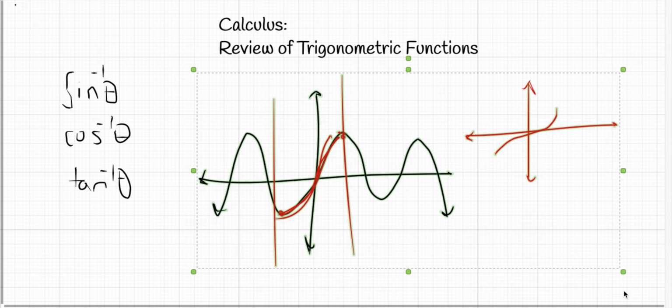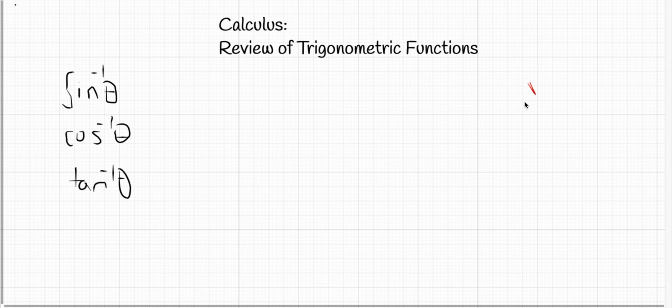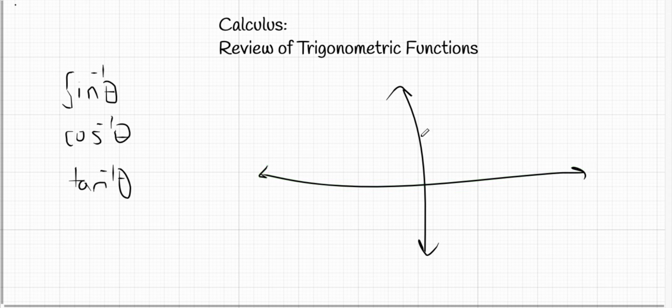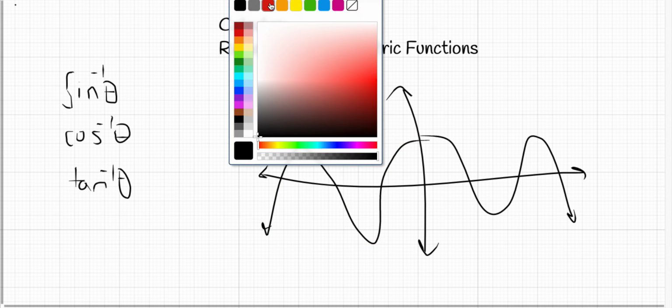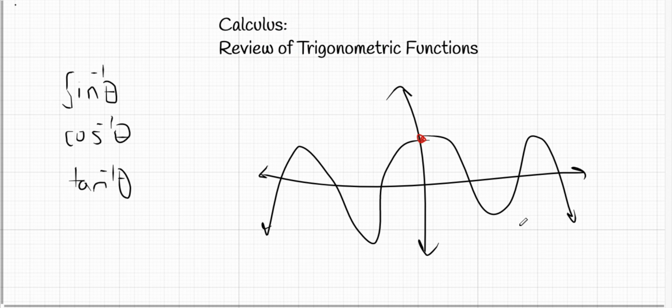Moving on to inverse cosine. As you might imagine, it looks very similar to inverse sine. Since cosine is like this, for inverse cosine we'll have to take a different segment this time. We'll take from here to here.